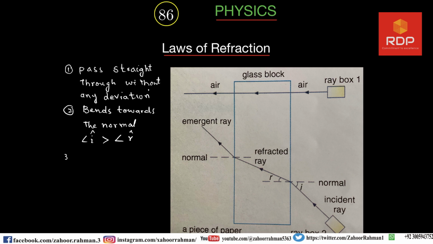The third observation we can summarize here. The light ray bends away from the normal as it passes out through the glass block into the air again.